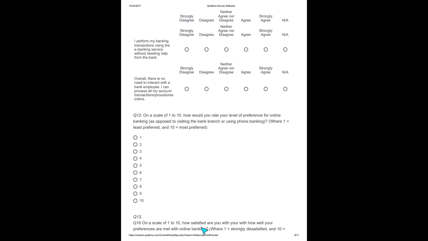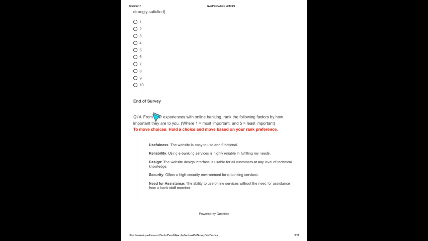These questions are used to measure all the other question responses against them, to evaluate which one has the most significant impact on the satisfaction in question 13, and on the willingness, as we see in question 12, and also in question 14.